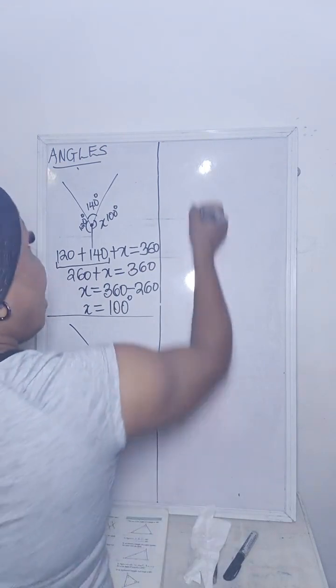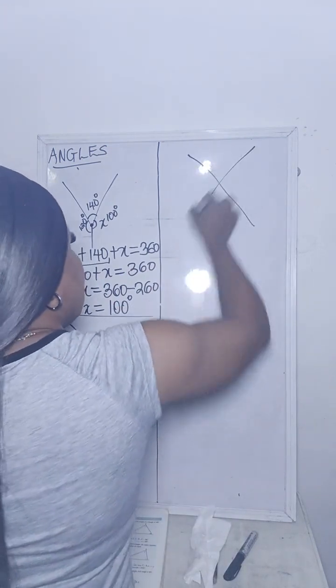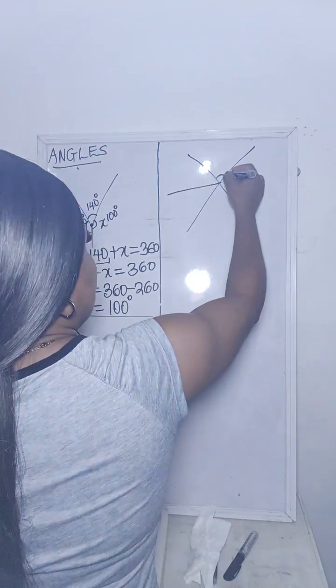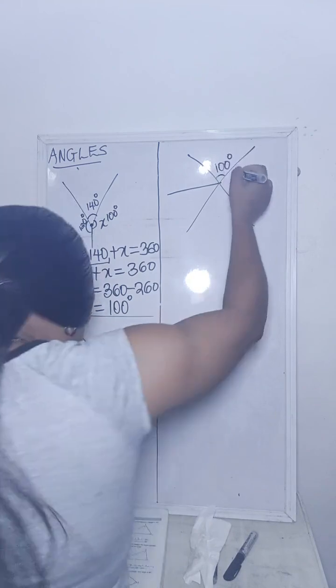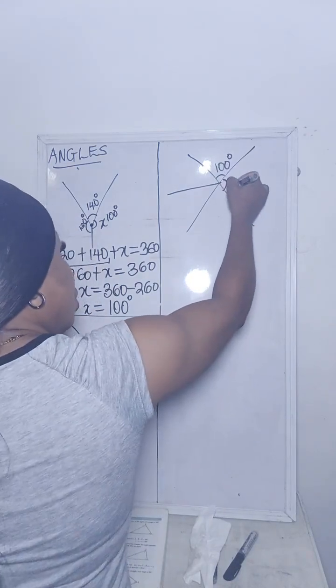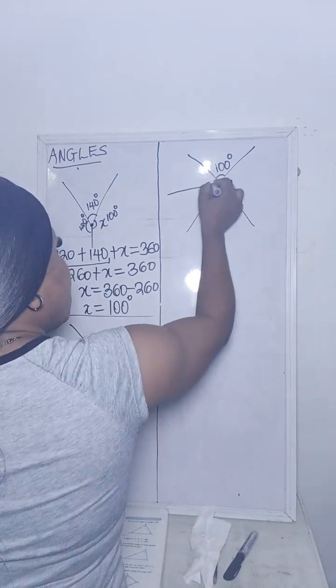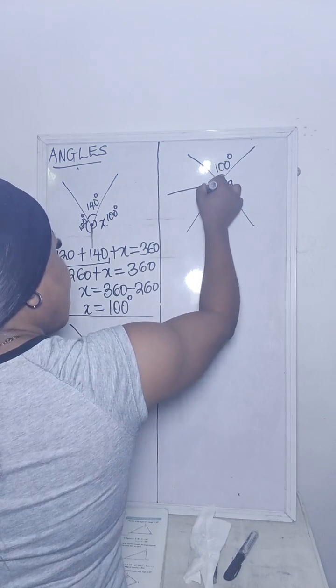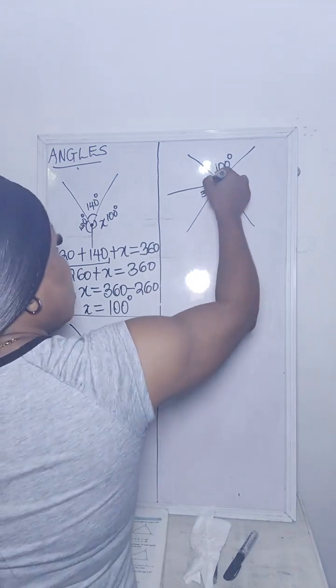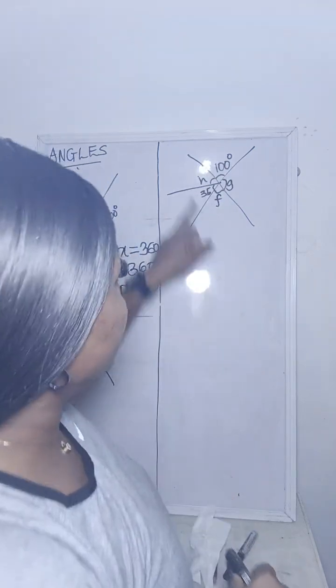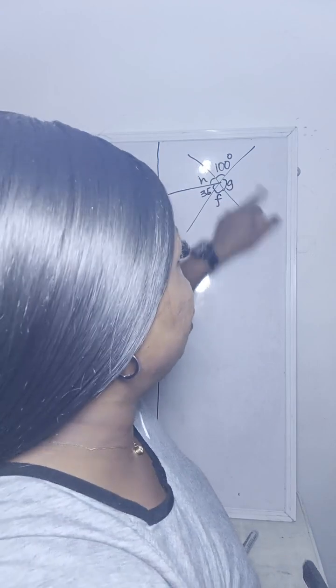So I have this, and this. This is 100 degrees. This is G. This is F. This is 35. And this is H. We need to get the values for H, F, and G.